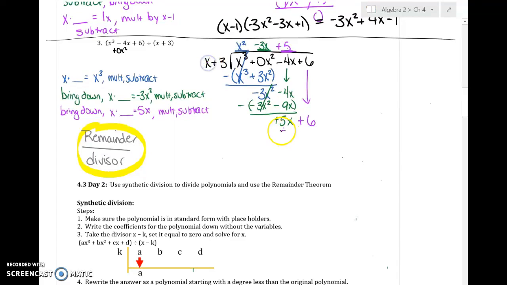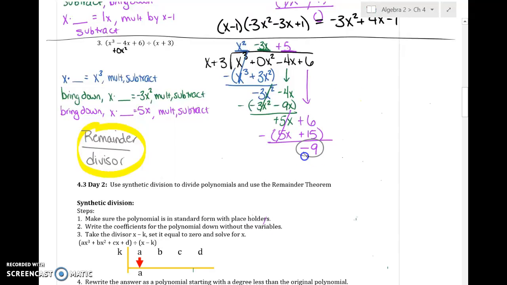5 times x is 5x. 5 times 3 is 15. Subtract. 5x minus 5x cancels. What is 6 minus 15? Negative 9.